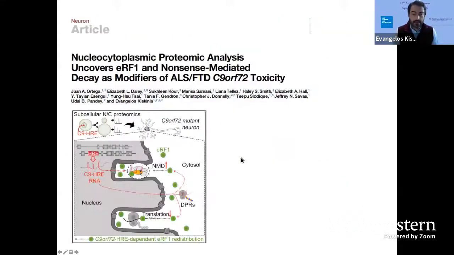Early last year, we published a study describing the devastating effects of this repeat expansion mutation on the subcellular localization of proteins, highlighting a shift in the balance between protein translation and RNA degradation through this pathway known as nonsense-mediated decay.